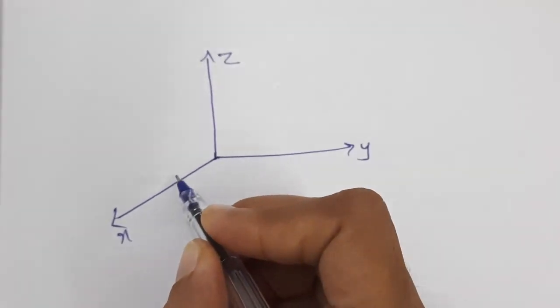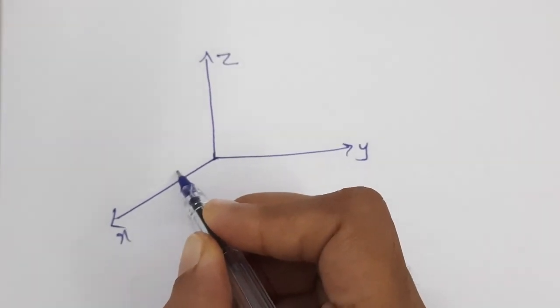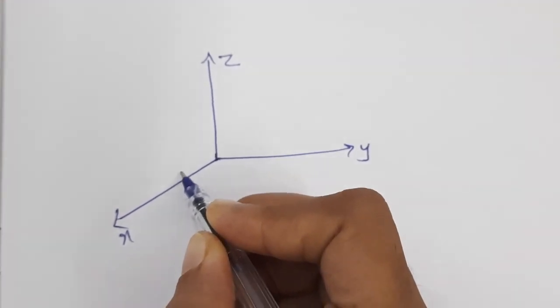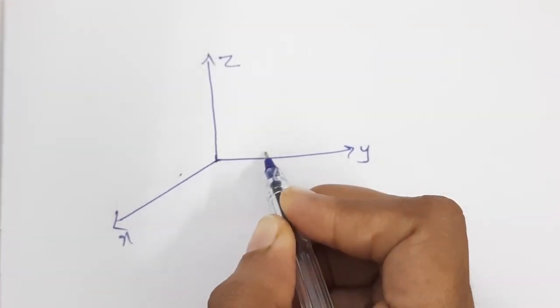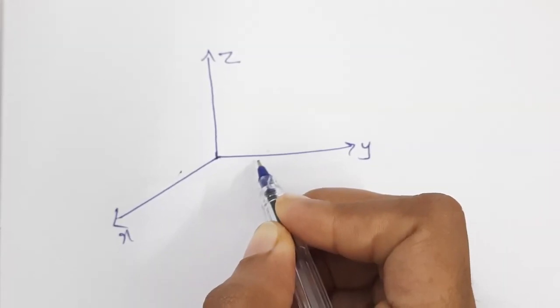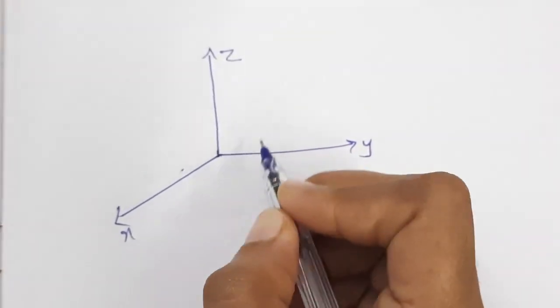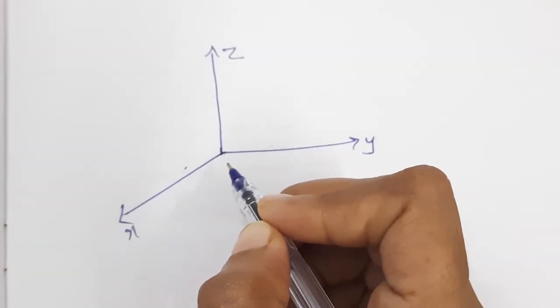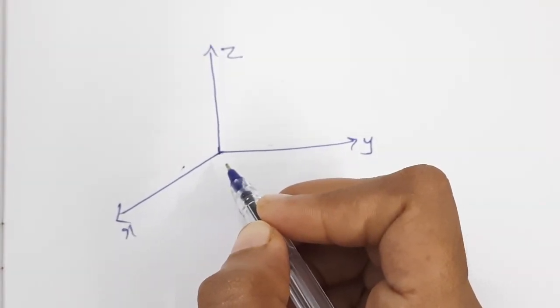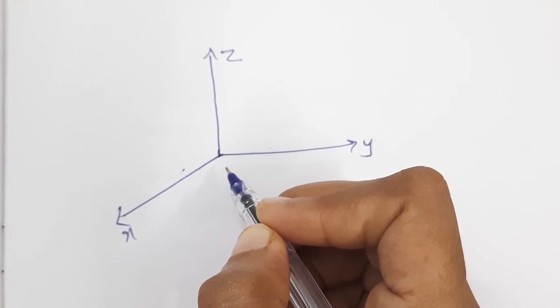Already we have discussed that i cap is a unit vector along the x axis, j cap is a unit vector along the y axis, and k cap is a unit vector along the z axis. These all are positive. The question is about the negative directions.